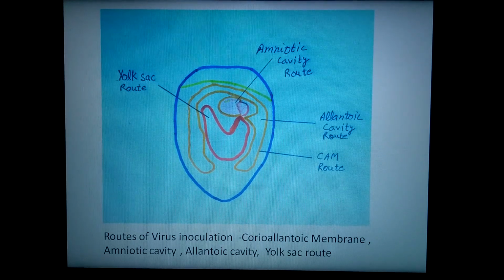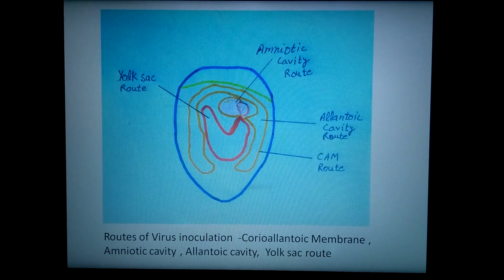So these are the various types of routes by which we can inoculate the viruses. The routes we can decide on the basis of the specificity of virus and adaptability in a specific cell type. Few viruses can grow in chorioallantoic membrane, few viruses can grow in yolk sac, few viruses can grow in chicken.